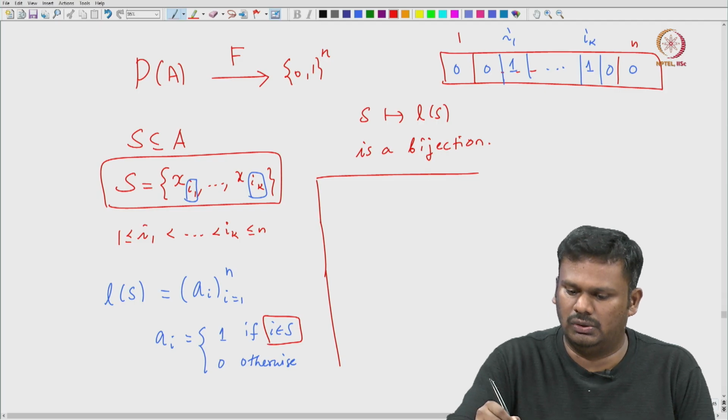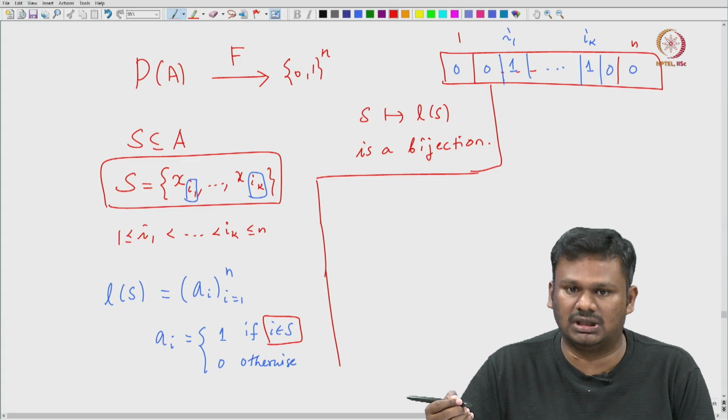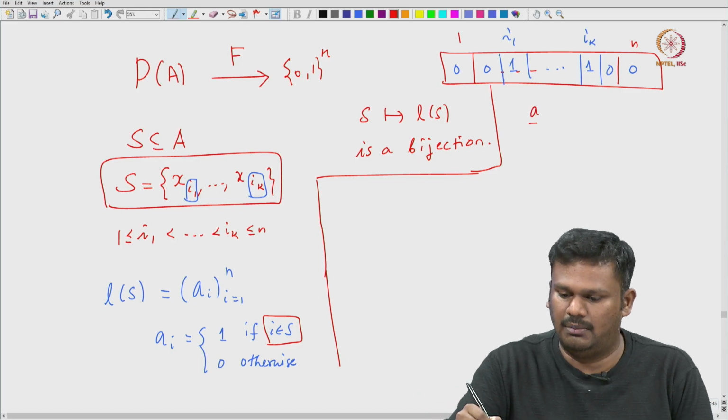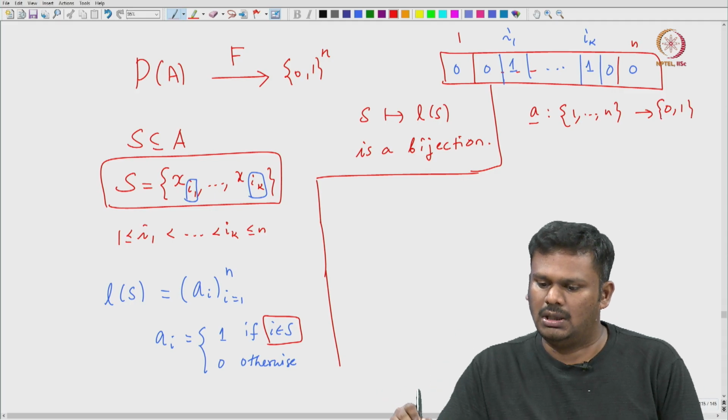So, I have already told you one way to think about a tuple is as a function from 1 to n to {0, 1}. So, a tuple a bar is also a function from 1 to n to {0, 1}.